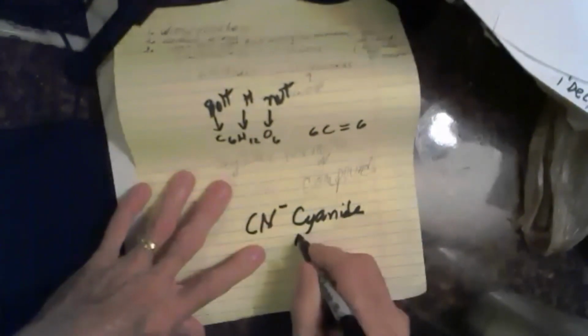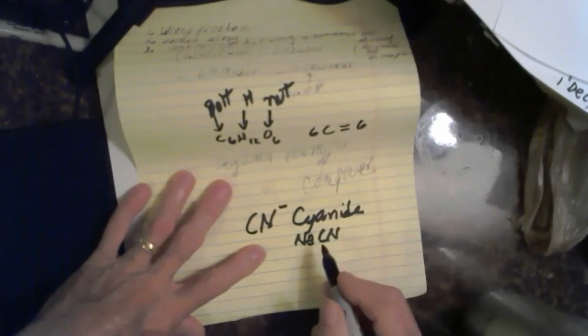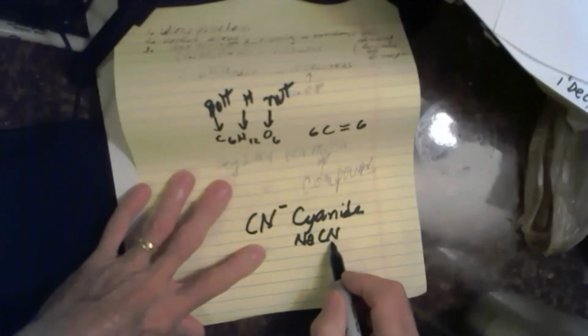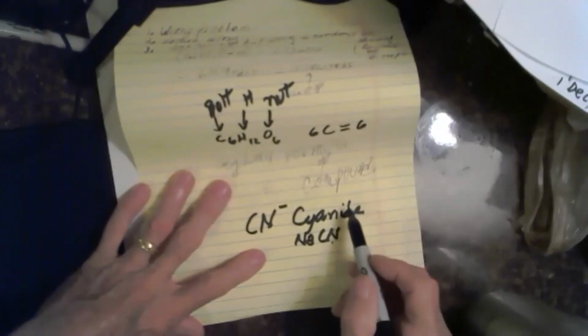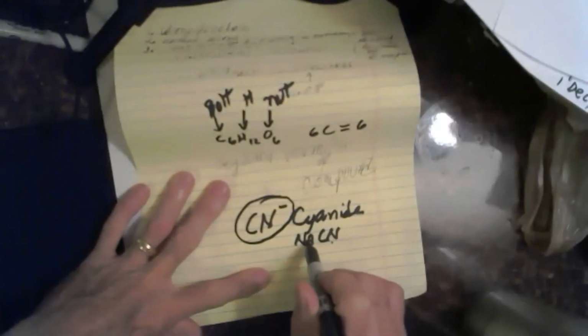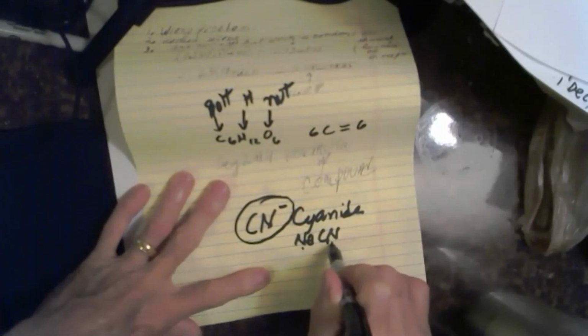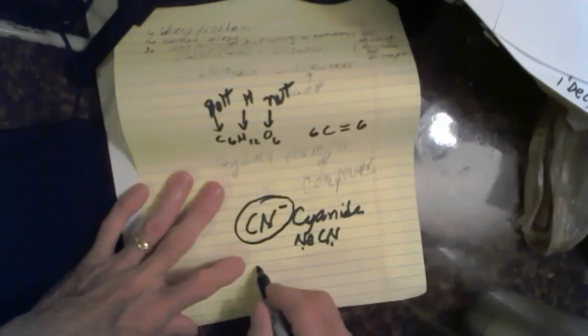So NaCN would be called sodium cyanide. Now, the name sounds like it's a 2-element compound, but it's not. It's because the anion is this one, and in these kinds of compounds, we just name the cation and anion, sodium cyanide.